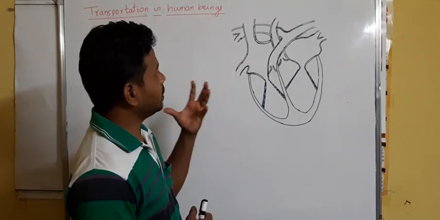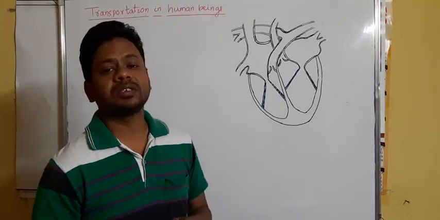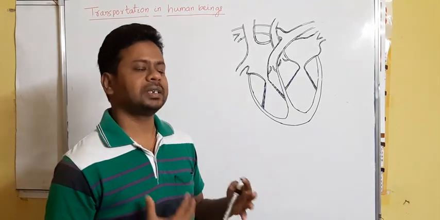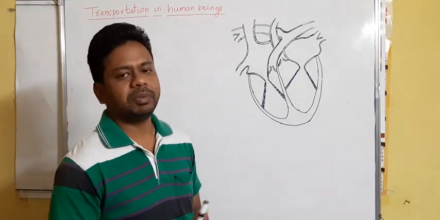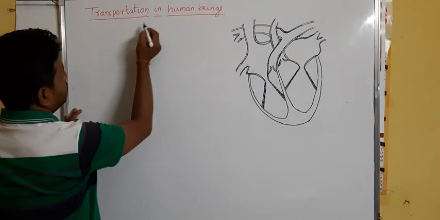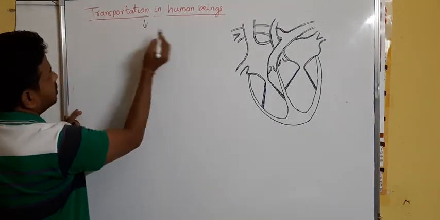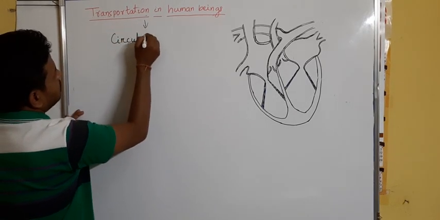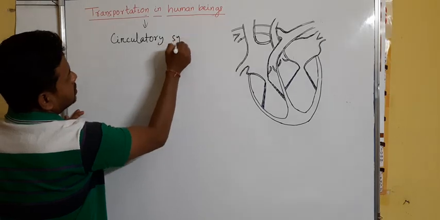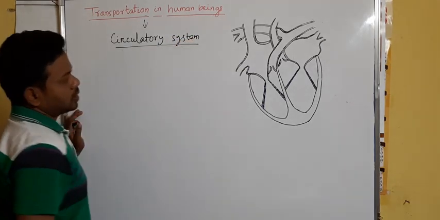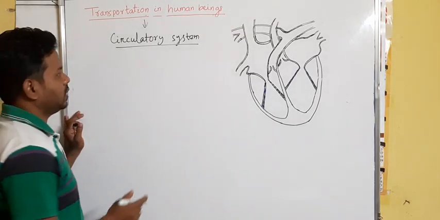The main function of the circulatory system is to transport all the substances, food, oxygen, wastes to each and every part of the body. So for this transportation, there is a system which is called the circulatory system, and this circulatory system has three main components.